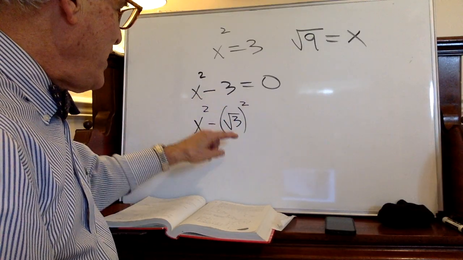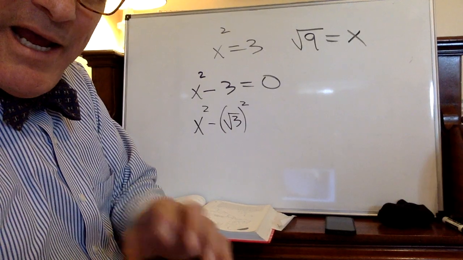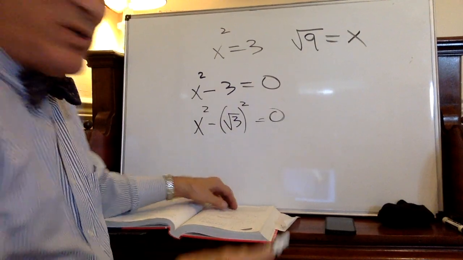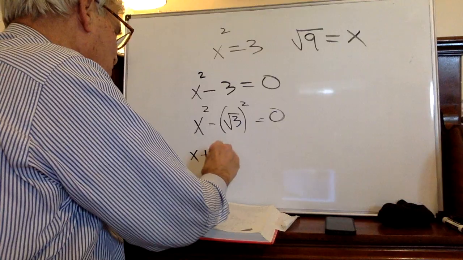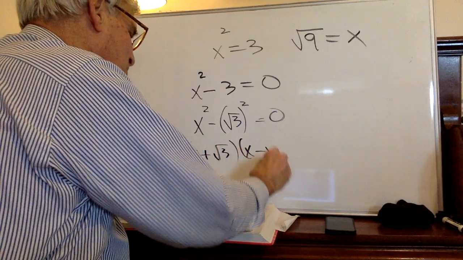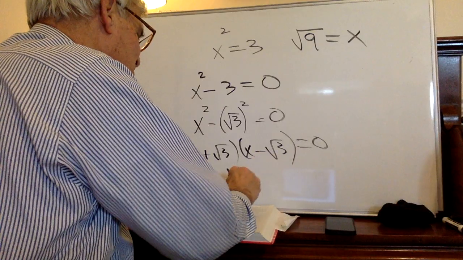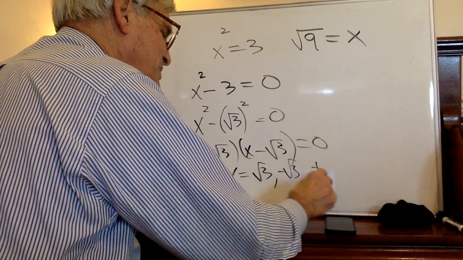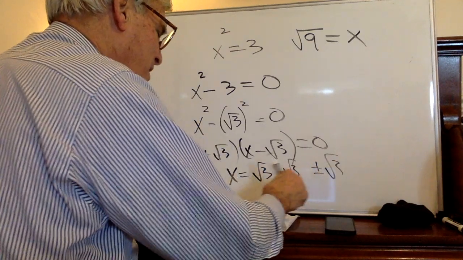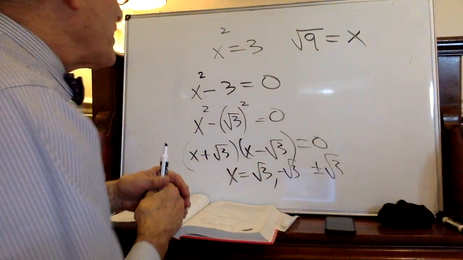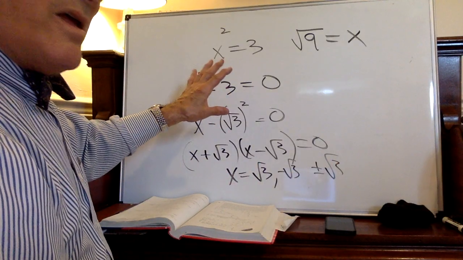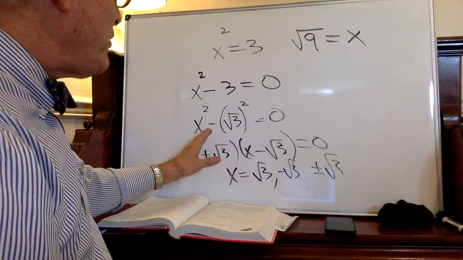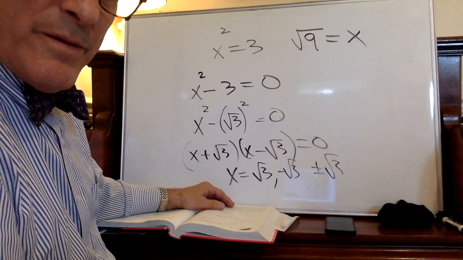Therefore, these are exactly the same, and now I have this written in the form a squared minus b squared, and you get x plus root 3, x minus root 3 equals 0, so x is equal to root 3 or negative root 3, which is the same as plus or minus root 3. You can write it either way. So even though it doesn't look like it, you can treat anything as the difference of squares if you rewrite it to meet the form that you need.